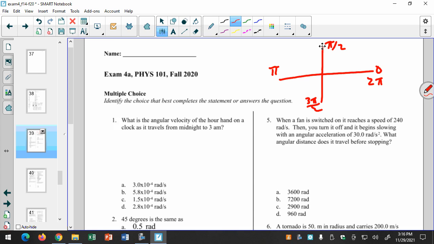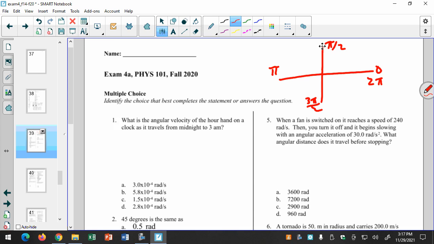Oh, come on, y'all need to know the unit circle. No, the unit circle is really important. Okay, so it'll help you to know the unit circle. But be aware that on the clock, you're shifting things around because really 0 is at 90 degrees on a clock.